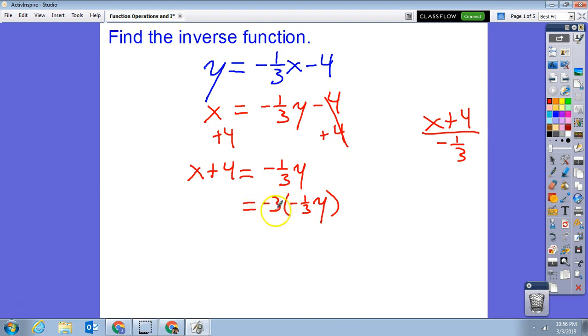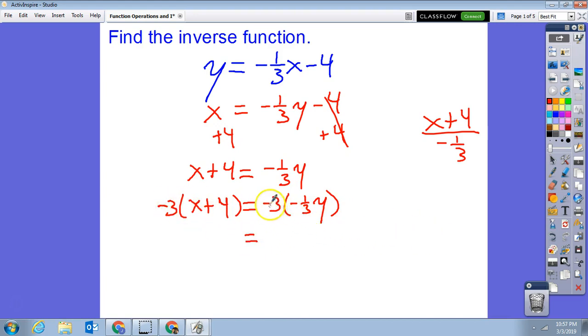And the only reason I put negative 3 there is because negative 3 over 1 is really just negative 3. But notice I just do the same thing on both sides. I distribute a negative 3 on the left hand side, just like I multiply the negative 3 on the right hand side, because distributing is multiplying.